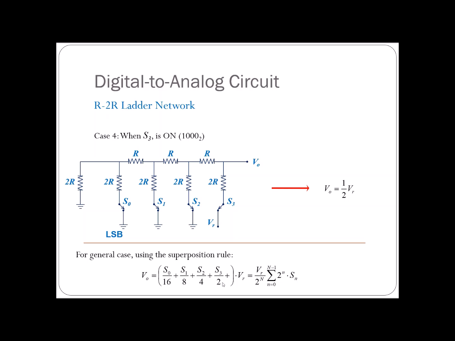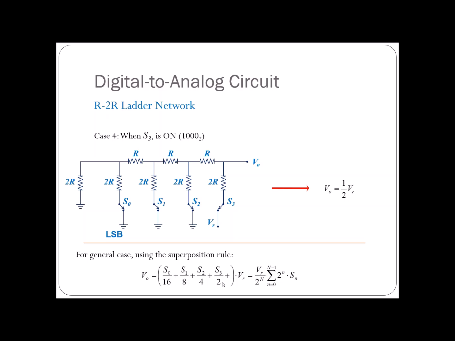Okay, so that's how to analyze the R2R ladder network, and you can extend it to any number of bits. It's not restricted to a 4-bit digital number. You can extend it to 16, 32, 100, or any number of bits easily without any problem, because all you need is two types of resistor, R and 2R.